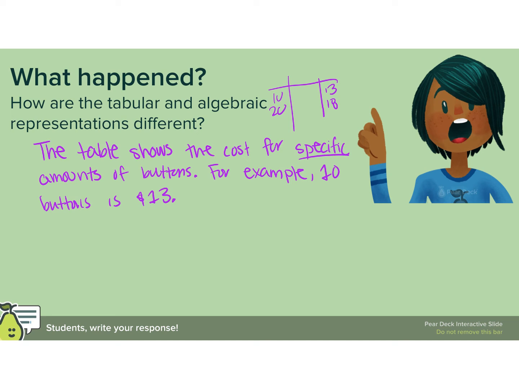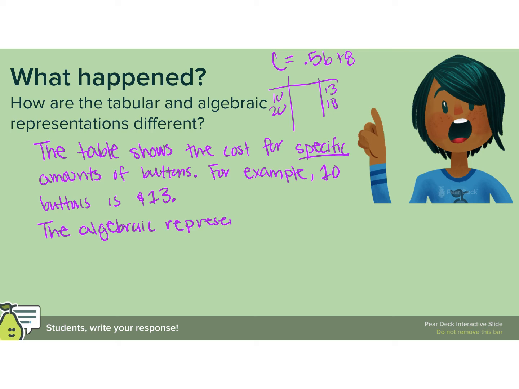The algebraic expression, which is this, the equation, but we're going to not call it the equation because we want to know that those are the same thing. So we're going to write the algebraic representation, fancy way of saying the equation.